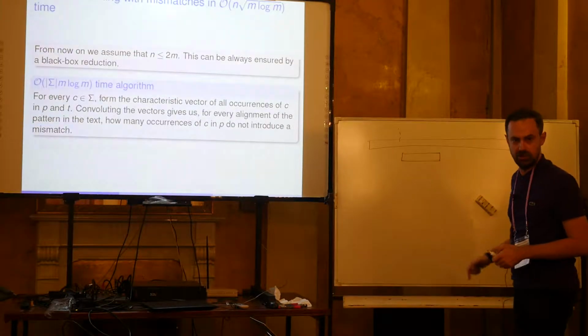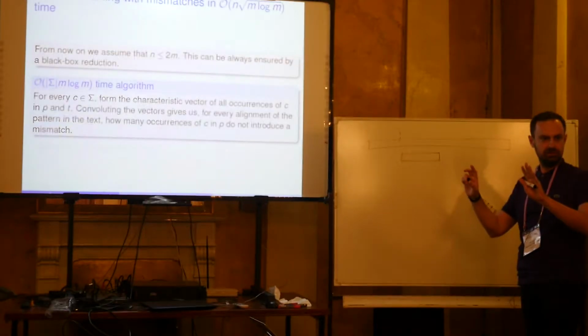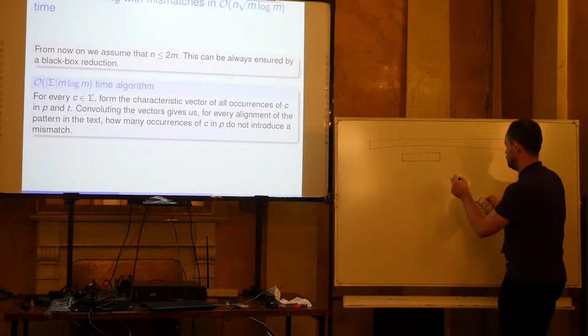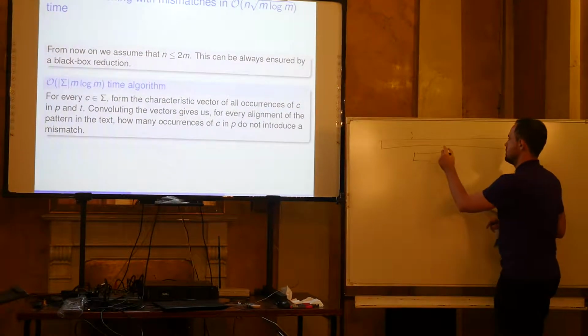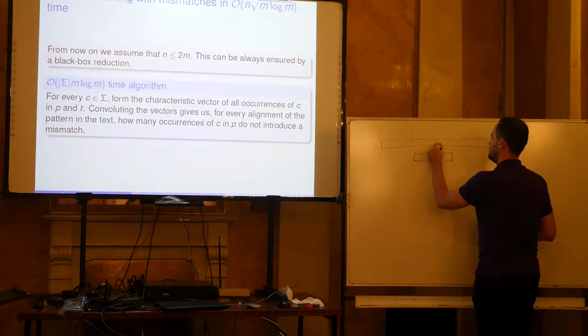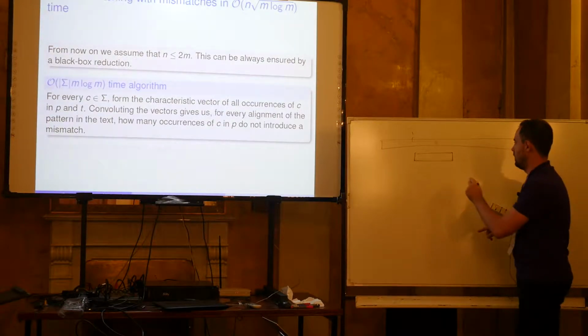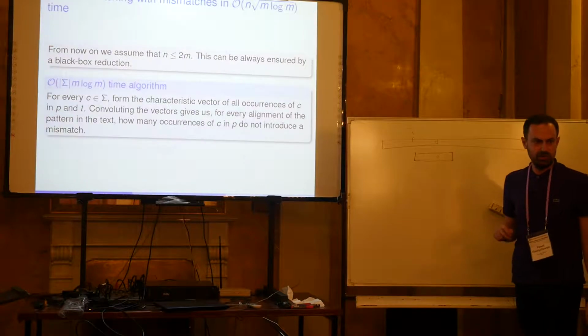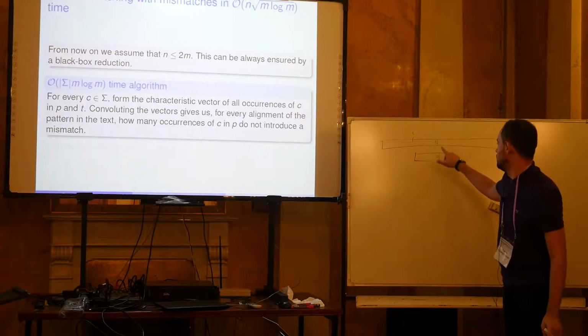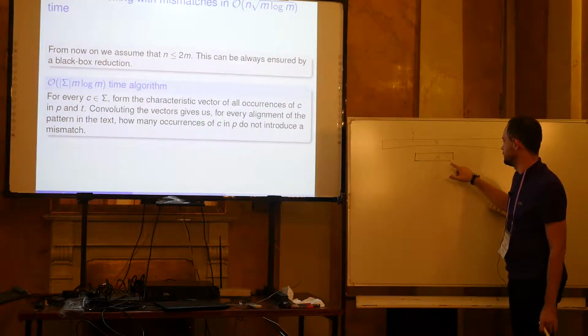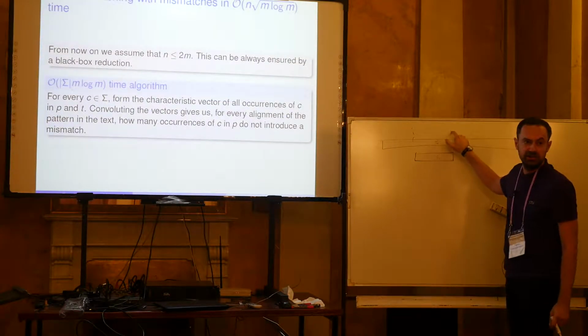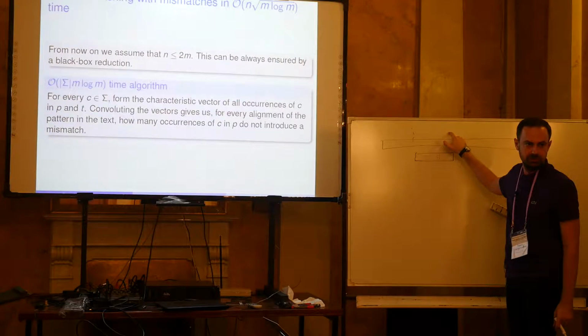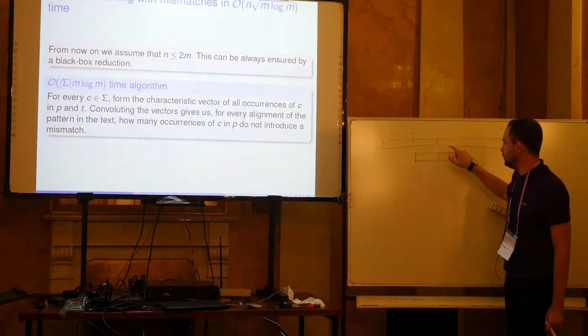Makes sense, more or less? Let me just draw it again. And I have character C here. And I also have character C here, okay? And I want to construct those two vectors so that such a pair of characters will give me +1 here in the resulting vector. So what do I need to do that?